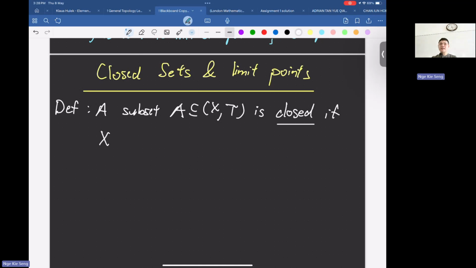If X take away A is open. So we use something that we know to define new things.